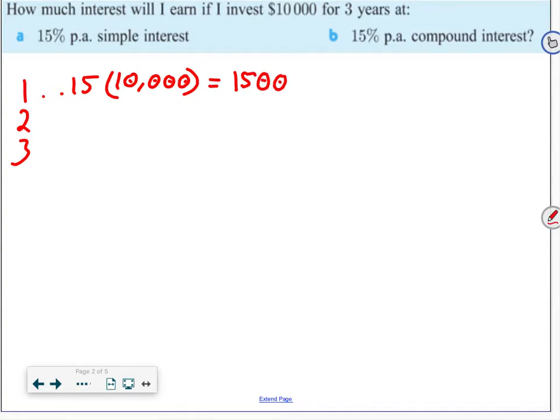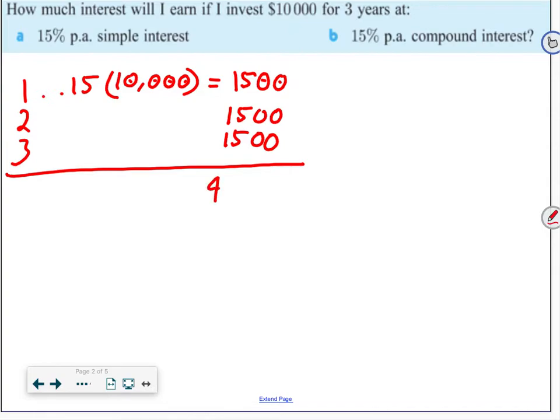Every year we're going to get the same thing, so we multiply that by 3. We get that in year 2 and we get that in year 3. So how much total did we make? We made 4,500 in interest in 3 years at simple interest at 15%.